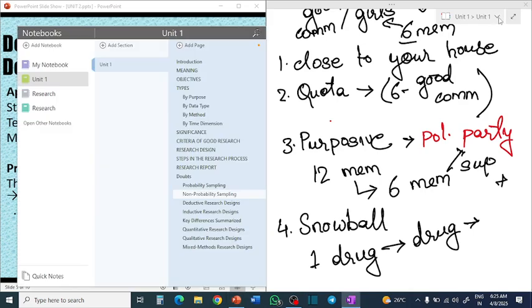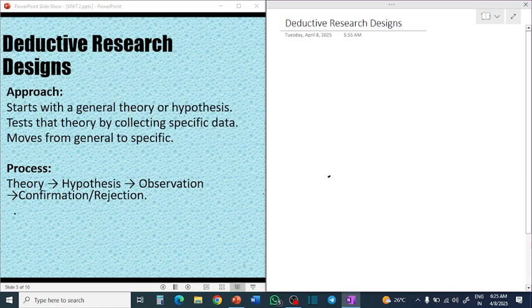If we talk about research design, there are mainly two types. The first type is deductive and the second type is inductive. Deductive research design. In deductive research design, you have a theory. From this theory, you go on to the hypothesis.